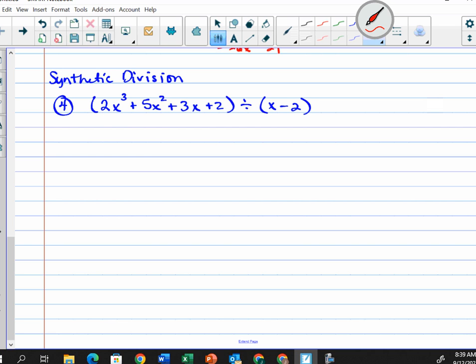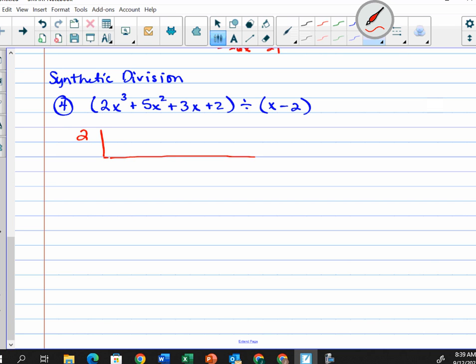Okay, guys, let me remind you how we do synthetic division. So we're dividing by x minus 2. What would make your divisor 0? What x value? 2. That's what we use outside of our little box here. Then we just use the coefficients.